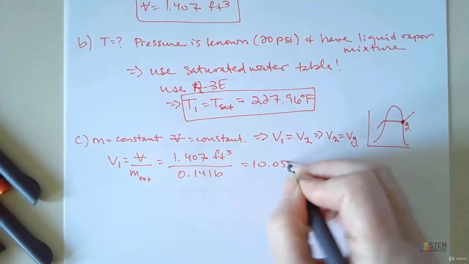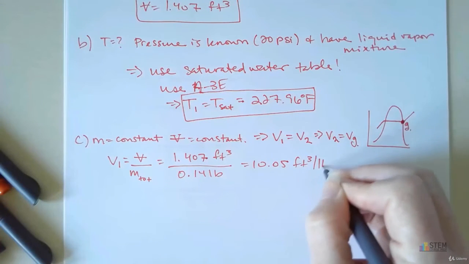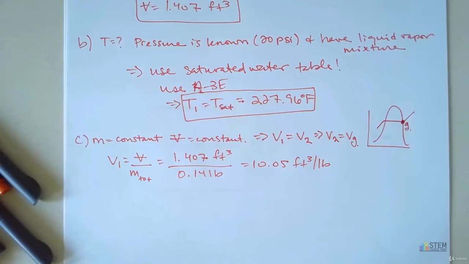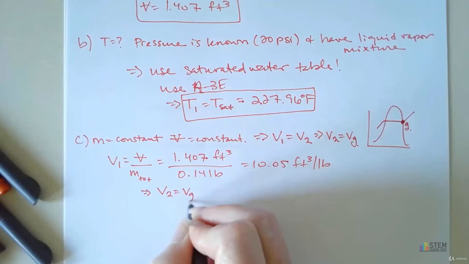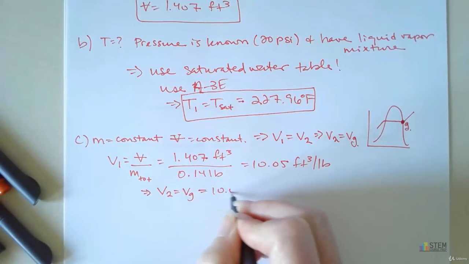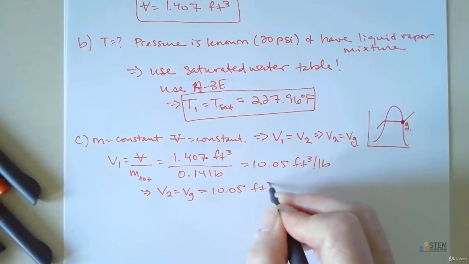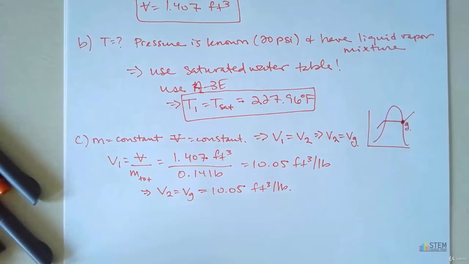That gives you 10.05 cubic feet per pound. That gives you specific volume 1. Now we already said that V1 has to equal V2 and V2 equals VG. So this means V2 equals VG, which equals 10.05 cubic feet per pound.